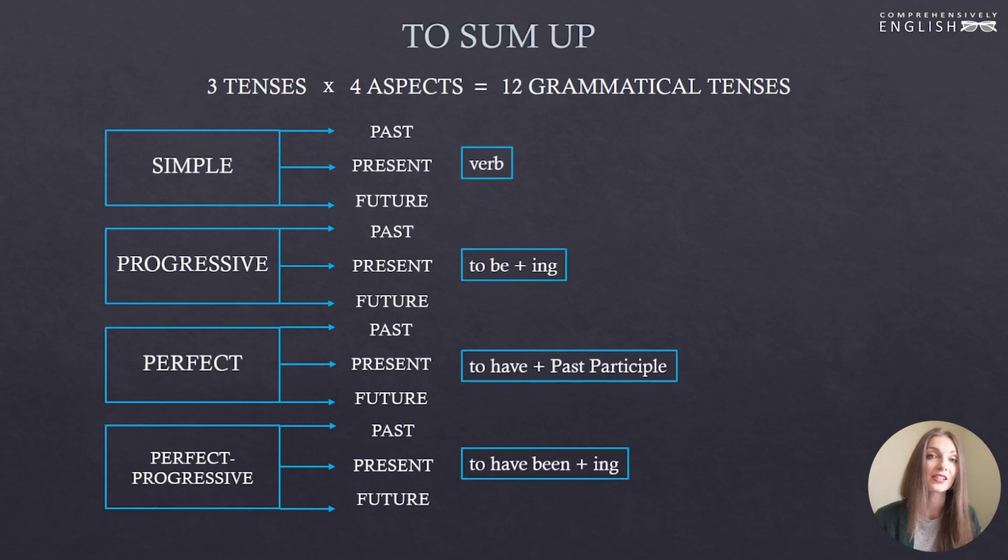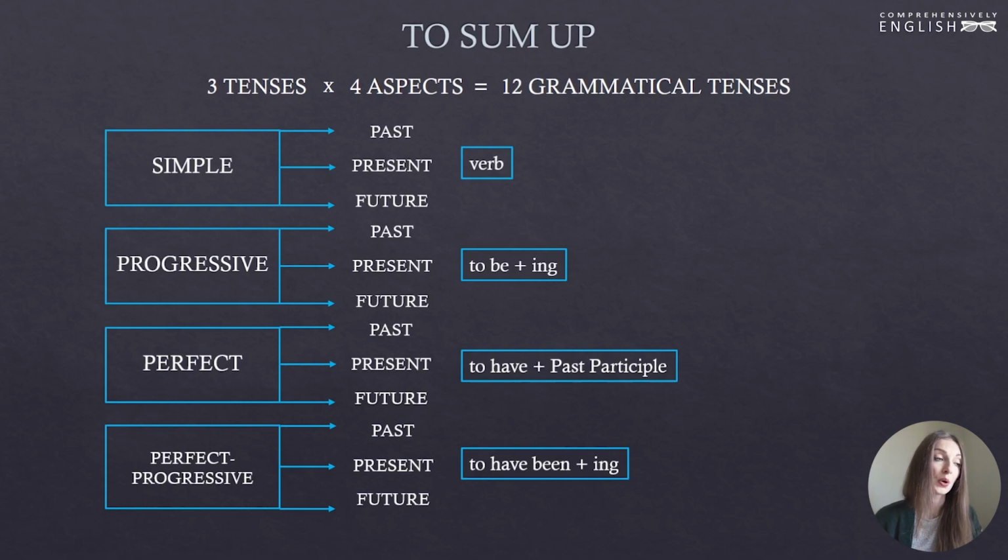In simple tenses, we use verbs in their first or second form. In progressive tenses, we use be as an auxiliary verb and the ending ing that we add to the main verb. In perfect tenses, we have have as an auxiliary verb and we use the third form of the verb, which is a past participle.